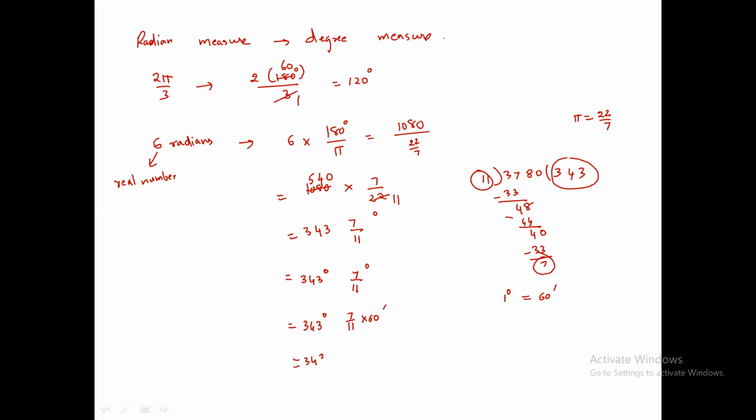So 7 into 60 is 420, which you will divide by 11. So what you'll have, 11 threes 33, 90, 11 eights 88, 2. So 38 2 by 11 minutes. This is what you have.